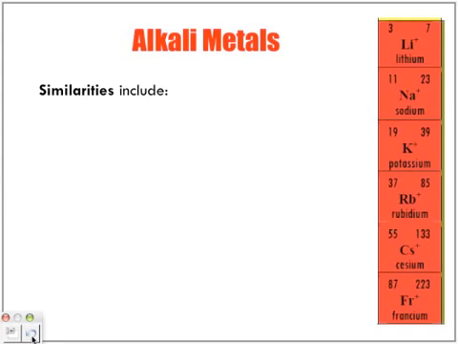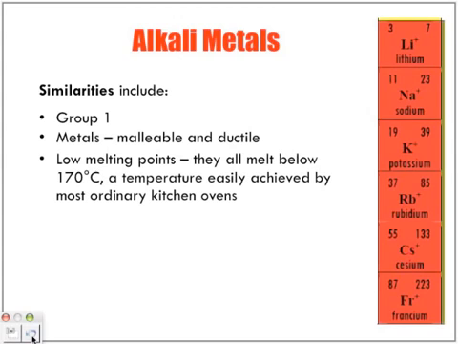Some similarities between alkali metals. Obviously, they're group 1. Notice, no hydrogen. They're metals, so they're malleable and ductile. They have low melting points. They all melt below 170 degrees Celsius, a temperature that is easily achieved by most ordinary kitchen ovens.